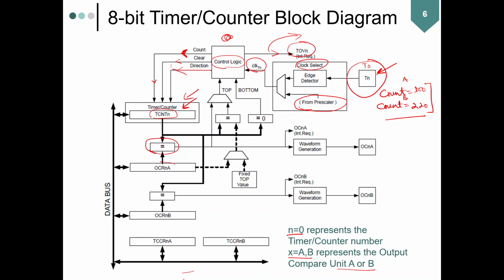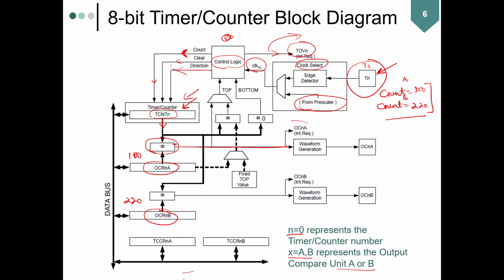That number is stored in output compare register A or output compare register B. So suppose you stored 100 over here, and 220 over here. You see that the counter output is coming to this comparator. If it has already counted up to 100, then it is going to give its signal at two outputs.